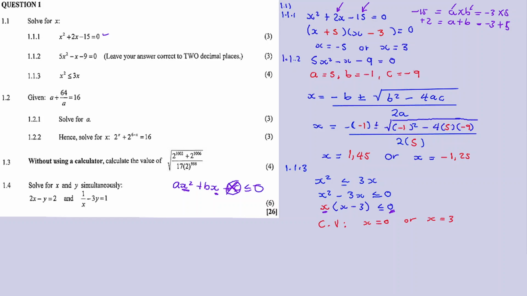Then okay, for a quadratic inequality equation, there's 3 methods for simplifying them, just like a normal quadratic equation. But like quadratic inequality, we have a graphical method. We also have a, what's this one, a number line method. We also have the table method.